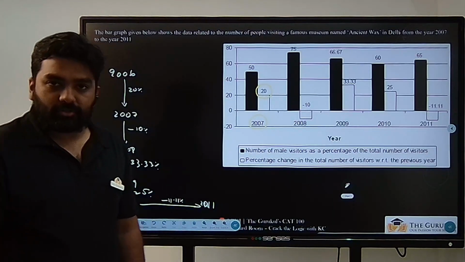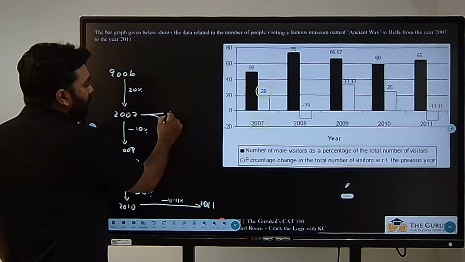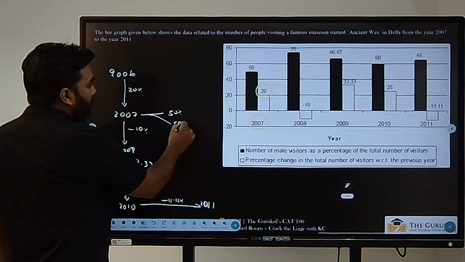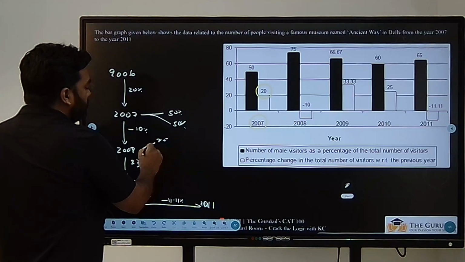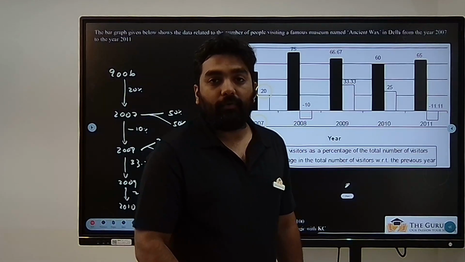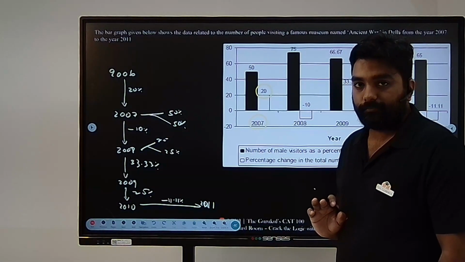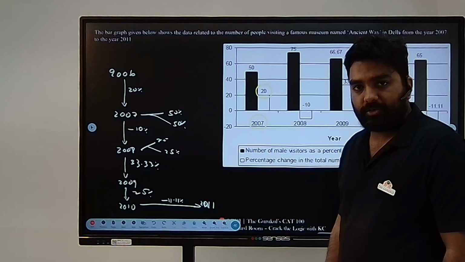This is the information they gave us. Now in 2007 male are 50%, female are 50%; then male are 75%, female are 25%. Like that they gave the male and female percentage for every year. This is the basic information.